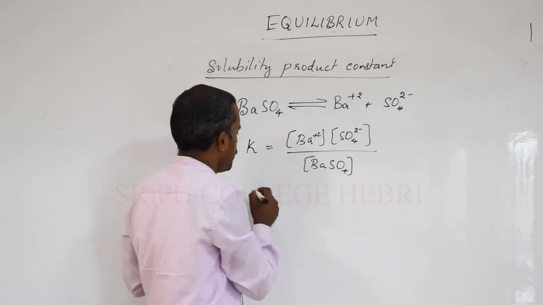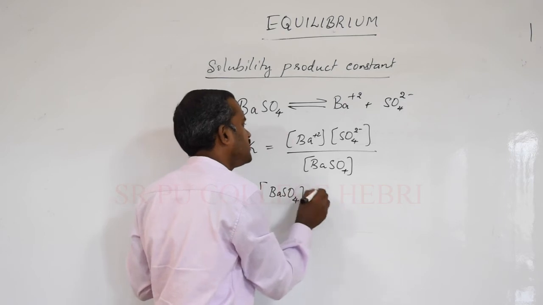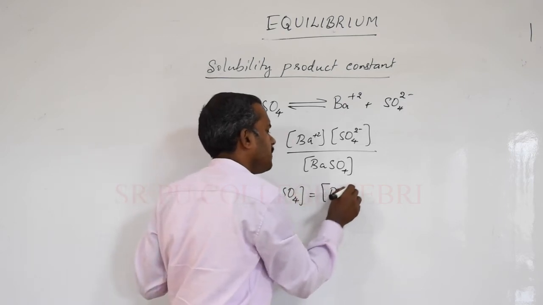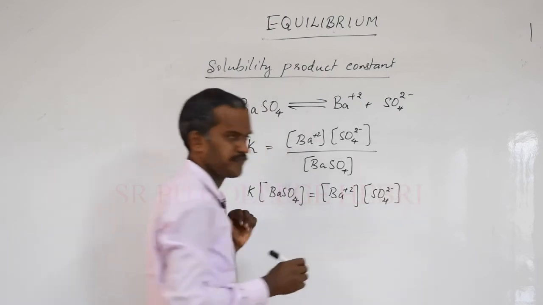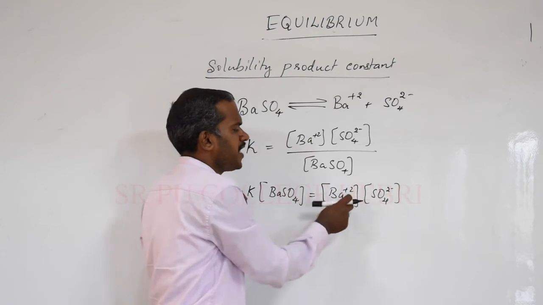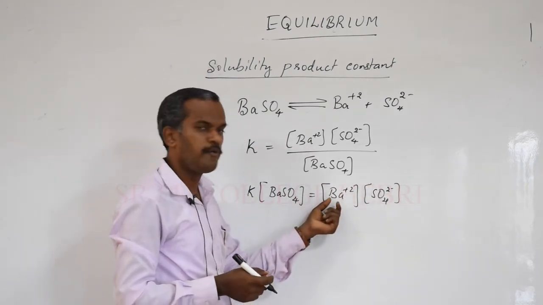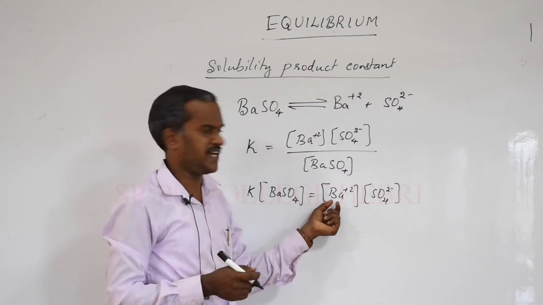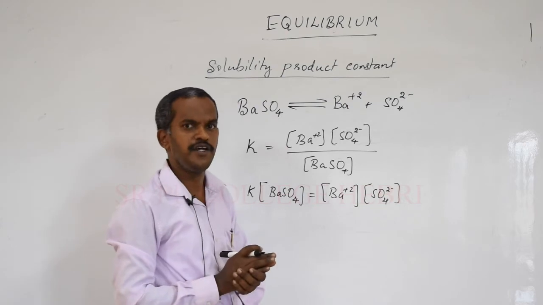Here you can modify it as K into concentration of barium sulfate equals concentration of Ba2+ into concentration of SO4 2-. Now here the number of moles of barium and sulfate ions are 1 mole each. So the molar concentration we can express as 1 mole per liter for barium and sulfate ions.